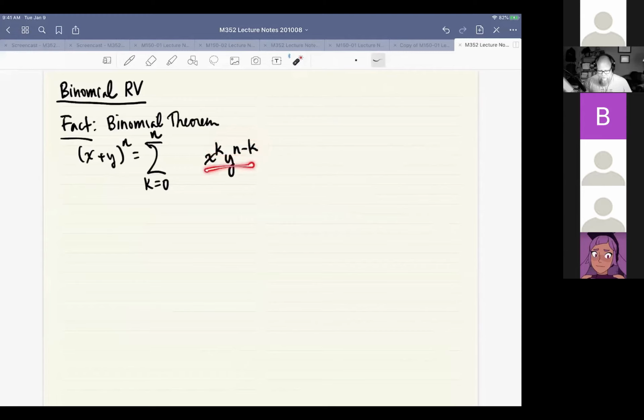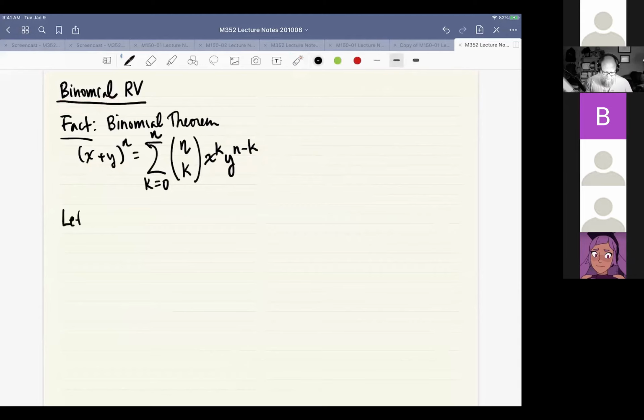These are going to be all the terms of your polynomial of two variables. And then the coefficient you get here is n choose k. So it's a really pretty cool theorem. And you'll see in a minute why this binomial random variable is called what it is.